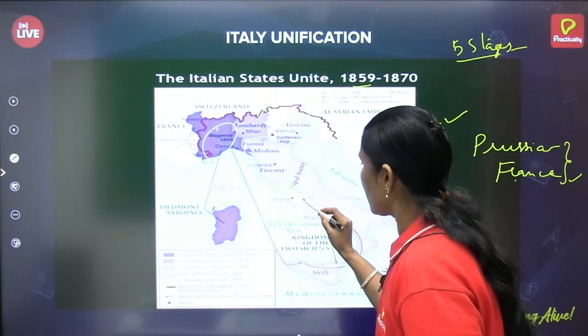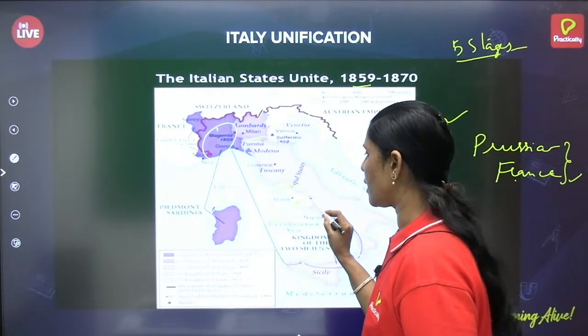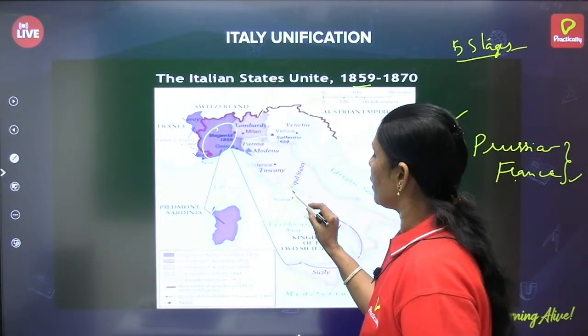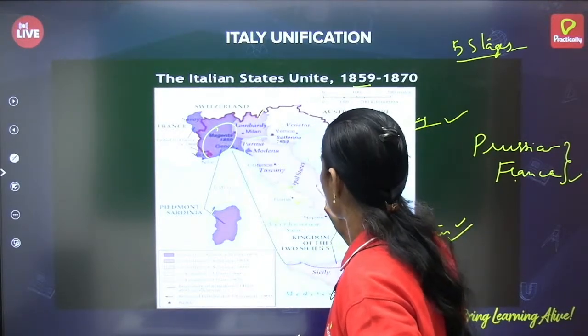At the same time, when the war was still continuing with France, Rome city was under the Bourbon dynasty rulers, especially to support the popes here.